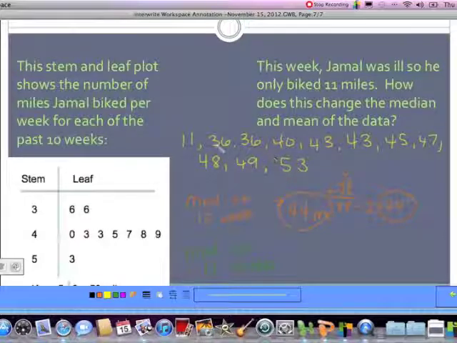I always go back and recount my numbers just to make sure I counted every single number. And then again, we're going to cross out front, back, front, back, front, back, front, back, front, back. And this time we actually do land on exactly the middle number, which is 43.